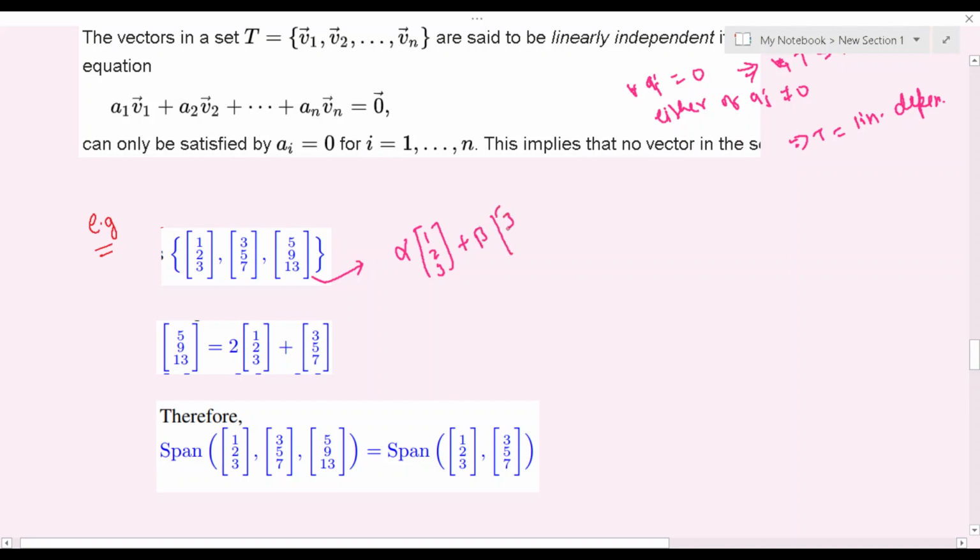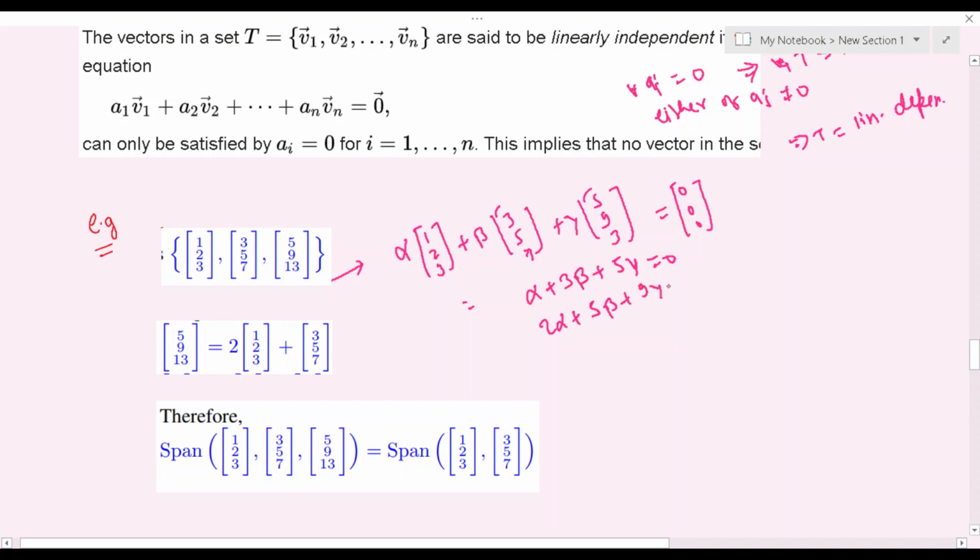Alpha times the first vector plus beta times (3, 5, 7) plus gamma times (5, 9, 13), and we equate it with the zero matrix of the same order, 3 by 1. This forms a system of linear equations: alpha plus 3 beta plus 5 gamma is 0, 2 alpha plus 5 beta plus 9 gamma is 0, and 3 alpha plus 7 beta plus 13 gamma is again 0. Solving this system, we get alpha equal to 2, beta equal to 1 and gamma equal to minus 1.